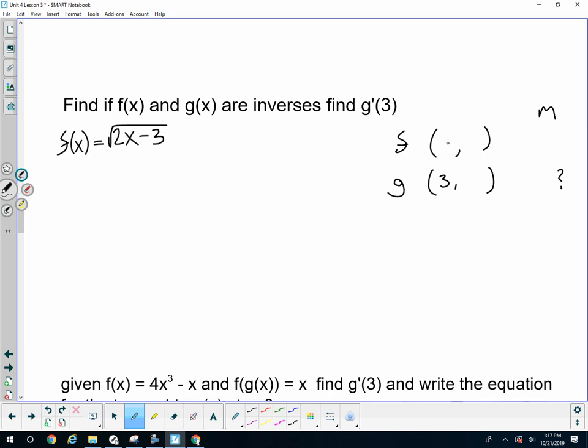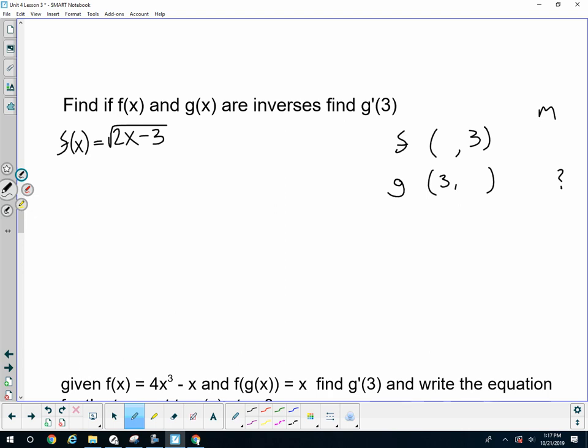Well, understanding the flip-flop points with f and g, if I'm trying to find g prime at 3, it would be the same as finding f prime at whatever this value is when its y value is 3. So knowing that g's got this point (3, something), I know f's going to have the flip-flop point (something, 3).